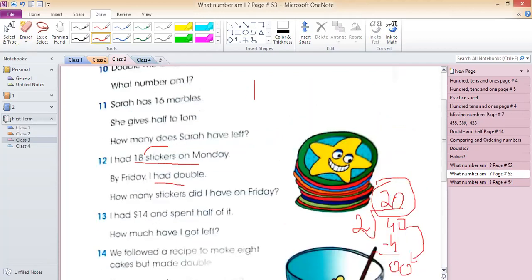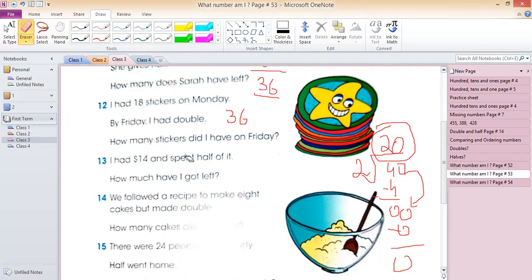To find the double, you multiply by 2. 2 times 8 is 16, 6 here, 1 you regroup. 2 times 1 is 2, 2 plus 1 is 3. So the answer is 36. Here you write 36. How many stickers did I have on Friday? That is 36.